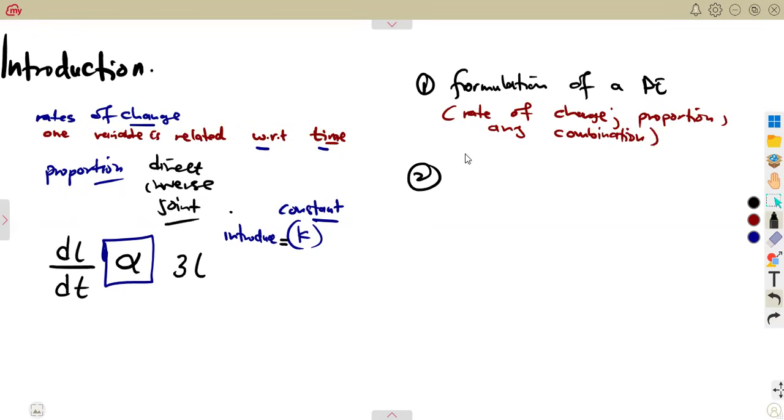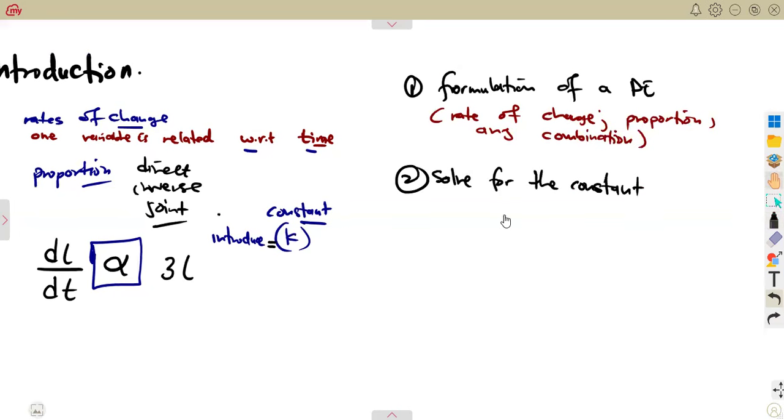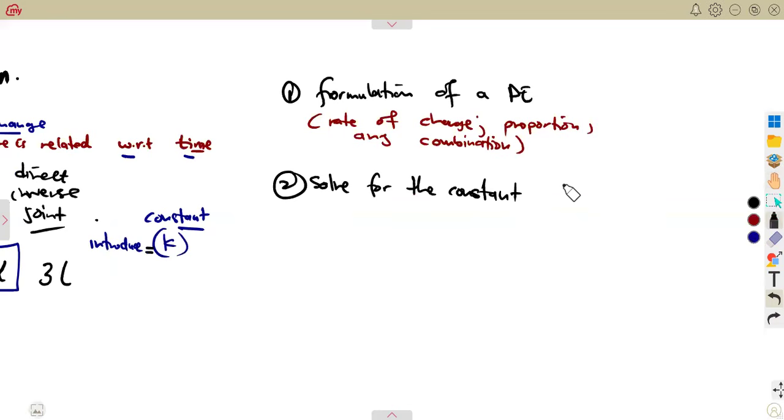Whatever you're given, there will be separation of variables in that case. Let's say we are given a proportion. When you are given a proportion, you need to calculate the constant; you must solve for K. Let's just save this one because it depends on what you're given. Solve for the constant, in case you are given conditions.